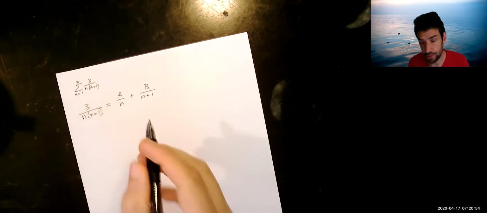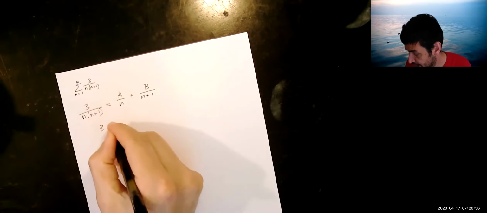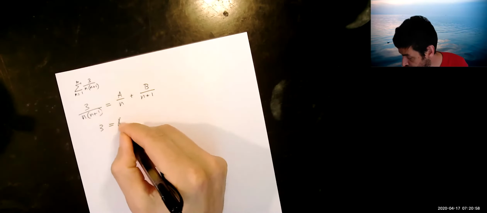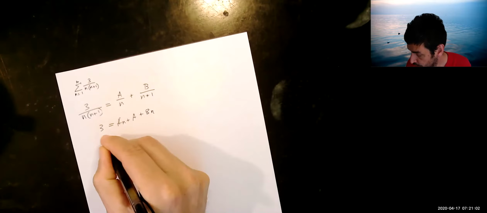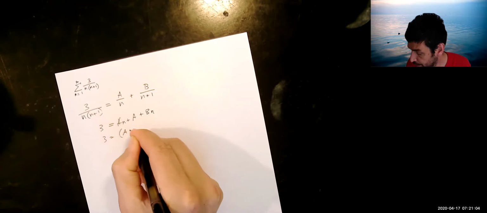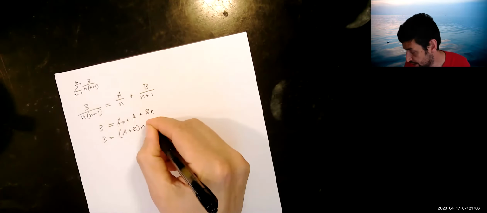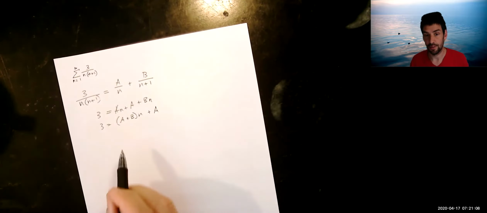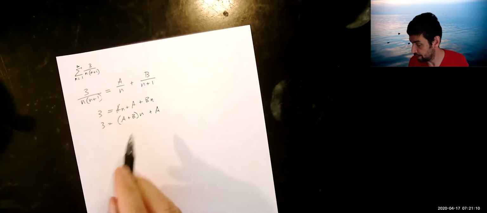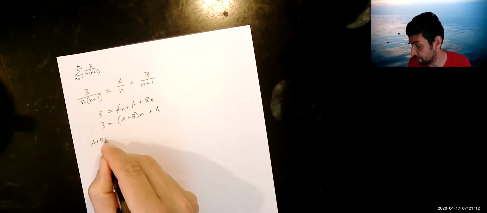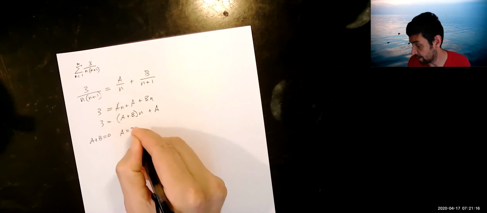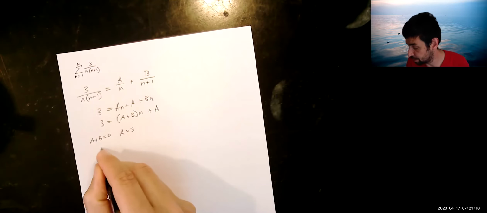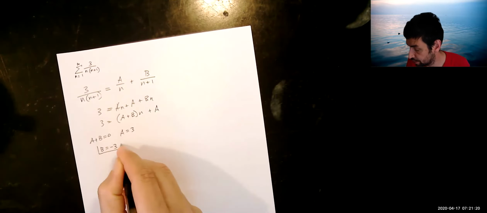I multiply both sides by the denominator and get 3 equals an plus a plus bn, or 3 equals a plus b times n plus a. This is a pretty straightforward one. I know that a plus b has to be 0 since n doesn't appear on the left, and then the constant a has to be equal to 3, which means b has to be equal to -3.